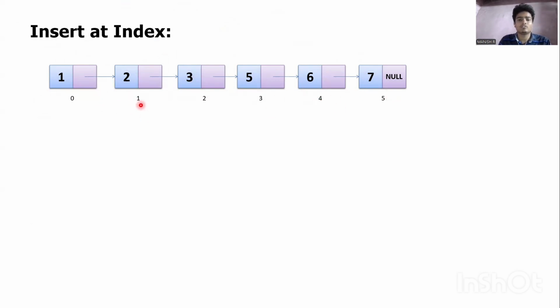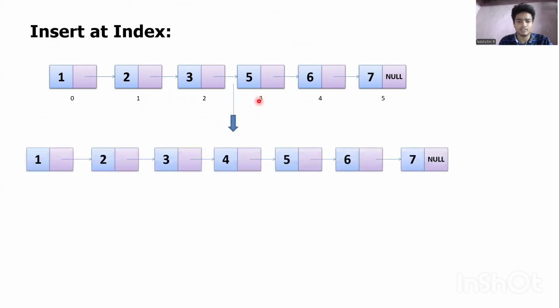So if I want to insert a new node at a particular index, after inserting, the linked list looks like this. If I want to insert at the index 3, then the linked list looks like this, and the index will look like this: 0 1 2 3 4 5 6.